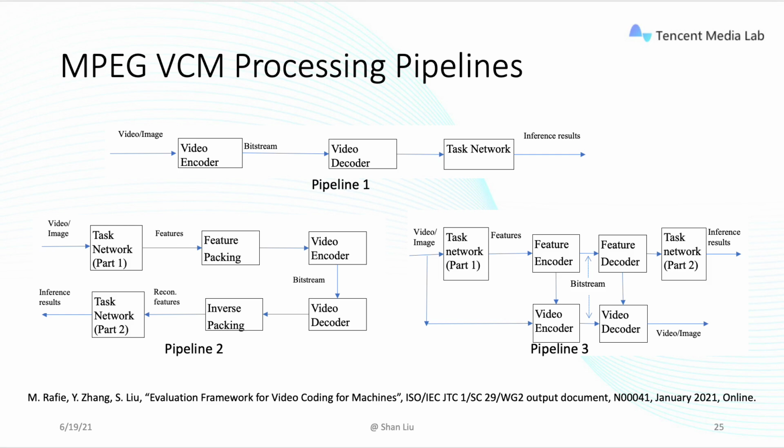Three possible processing pipelines were suggested for MPEG VCM activities, which are shown in this slide. Due to the time limit, I refer the details to the document listed at the bottom of the page.